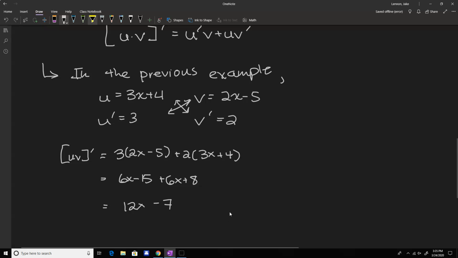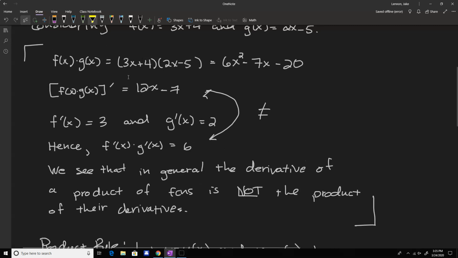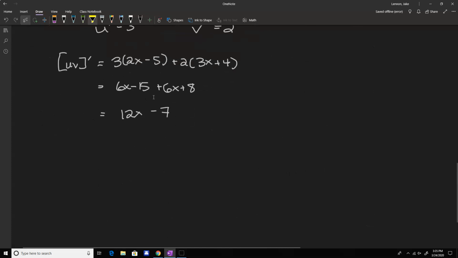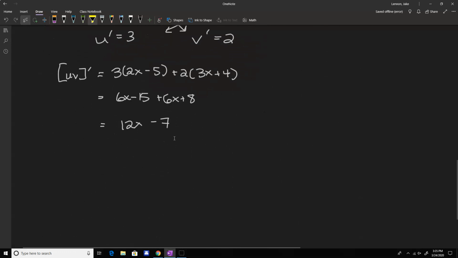And if you check above, that's exactly what we got using the correct way of multiplying it out. So 12x minus 7. So we get the same answer. That was the correct way. So basically, to find the derivative, 12x minus 7 was correct in the previous example, and 6 was the incorrect answer. So this way will give you the correct method.